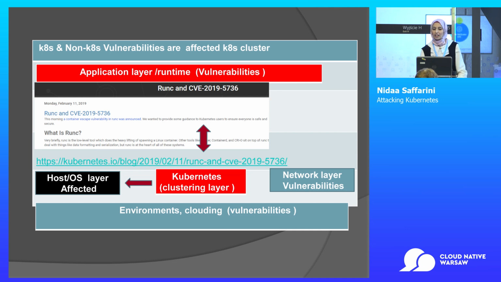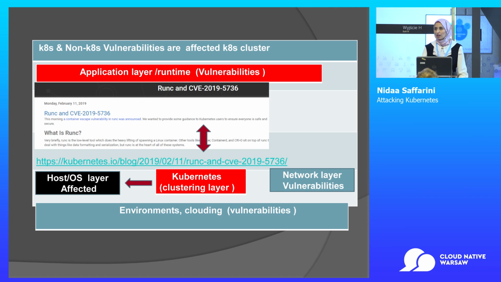And this is the relation, how an application layer vulnerability affects Kubernetes and, in the end, affects our hosts. Because when the hacker takes advantage of it as root from the container, they are already working with root privilege, so they can control our hosts and our processes.